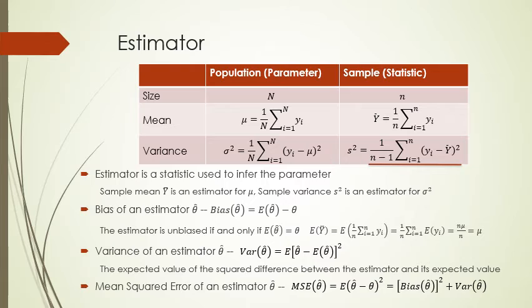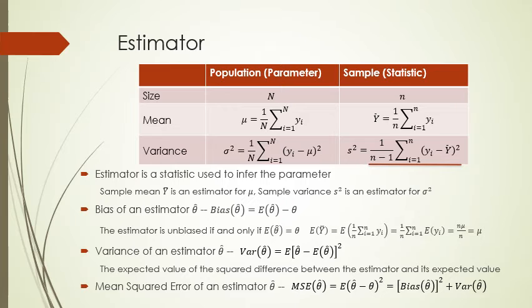The bias of an estimator is E theta hat minus theta, the distance between the expected value of the estimator and the parameter. Now, how to understand the expected value of the estimator? We know the estimator is a statistic, and it is from a sample.